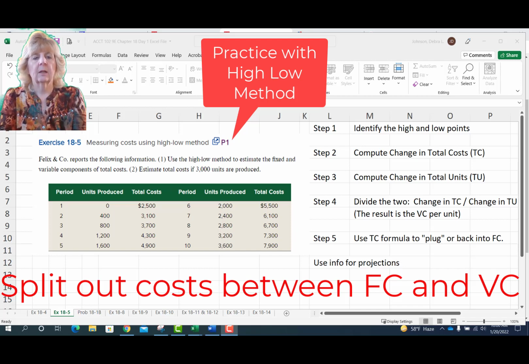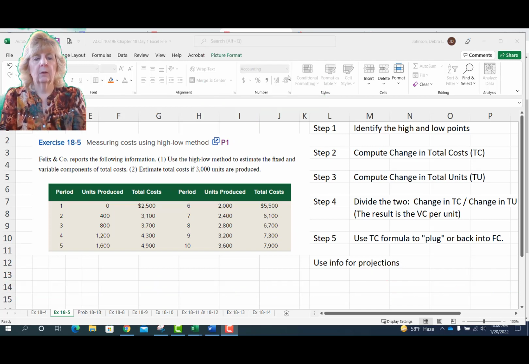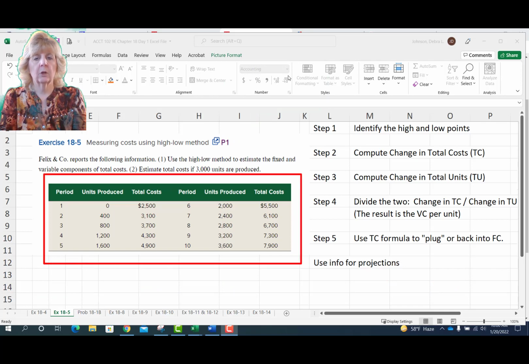It says Felix and Company reports the following information. They want us to use the high-low method to estimate the fixed and variable components of the total costs, and then use that information to estimate the total costs if 3,000 units are produced. It looks like they give us 10 periods' worth of information.